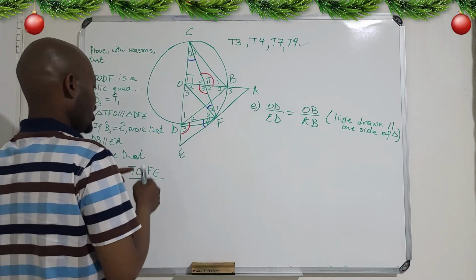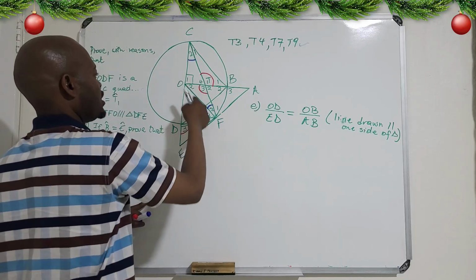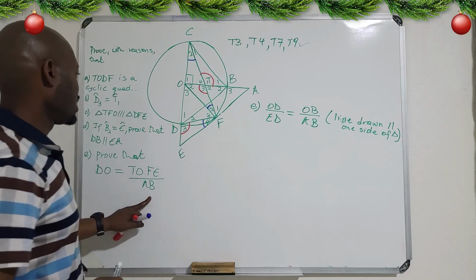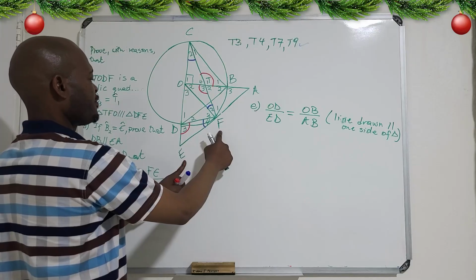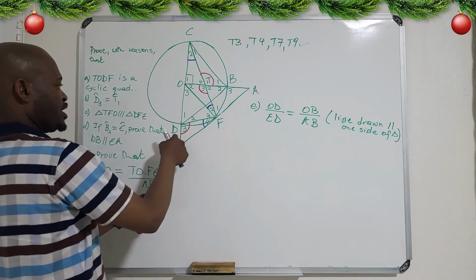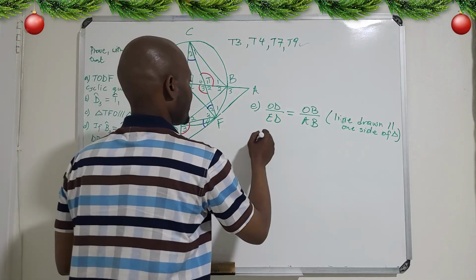Now, I can use this and this triangle, where we can see that EF is opposite this angle there. Therefore, we can have EF.